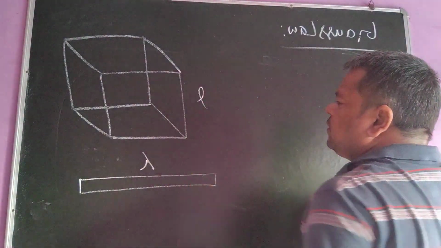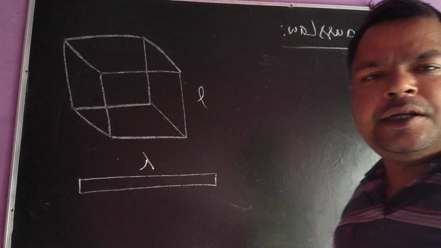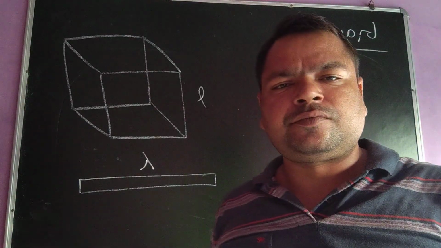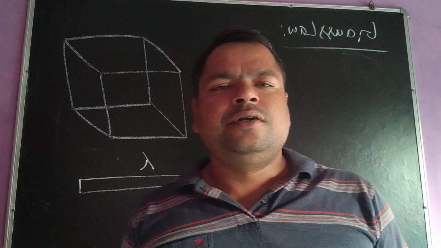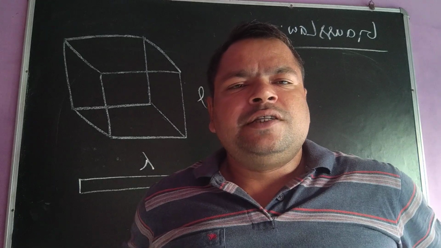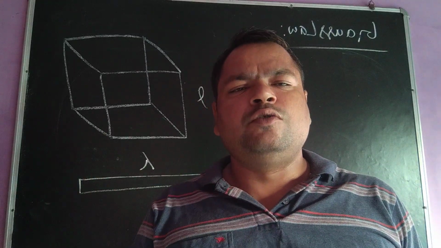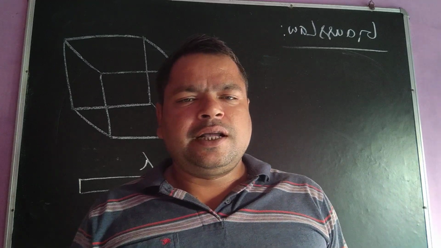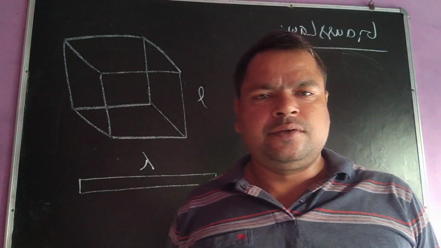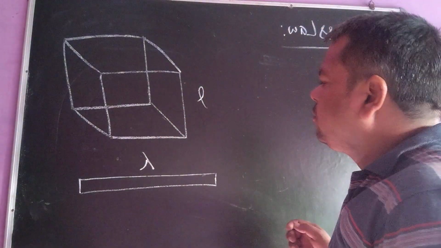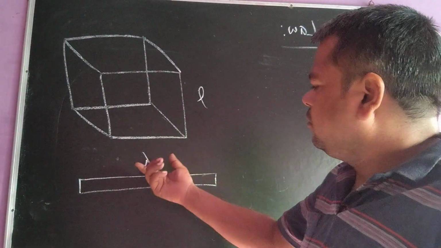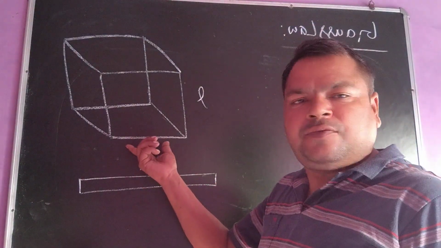This cube has side length L, and this rod we have to keep inside this cube. So what will be the maximum flux through this cube? The rod can have any length. Okay, so for this we have to calculate the maximum flux.